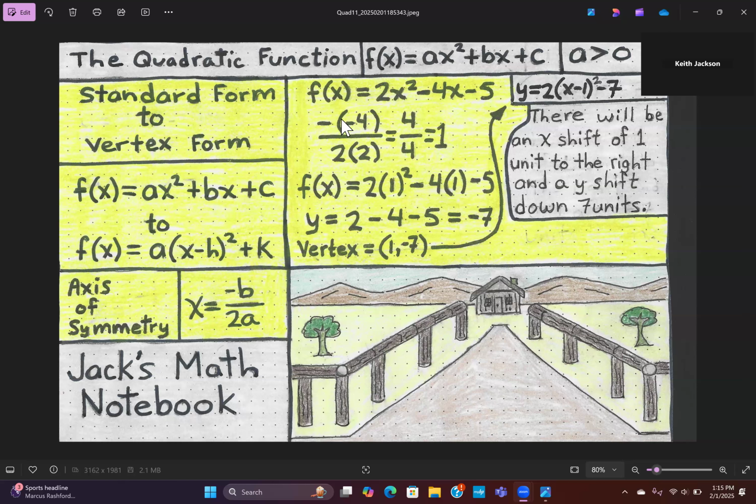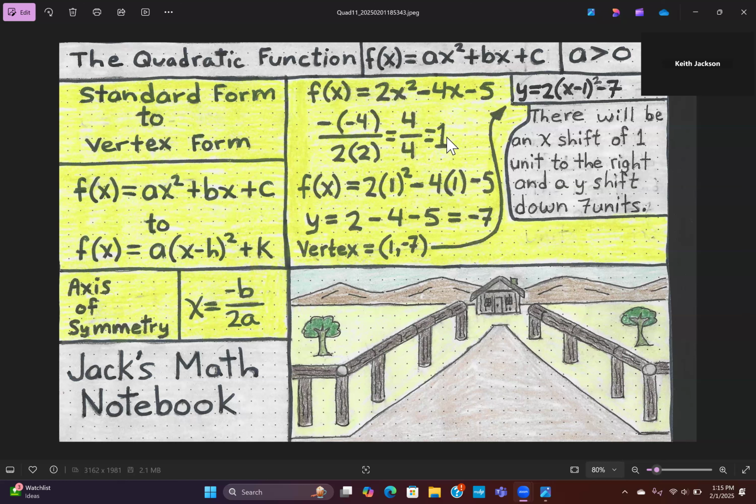So we plug it into our axis of symmetry formula, in which we have negative 4 over 2 times 2. When you get this double negative, it's almost like saying a negative 1 times a negative 4 will give us a positive 4 in our numerator. And 2 times 2 will give us 4 in our denominator, and 4 divided by 4 will give us 1. And so in this case, x is equal to 1.